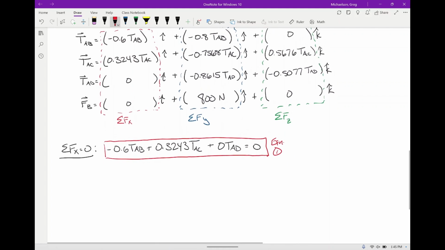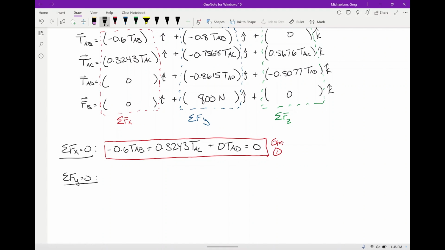And then equation 2, we'll sum forces in the y direction. So again, we'll just add everything up in the blue box. And then plus 800 newtons equals 0. And then we'll just move the 800 newtons over.